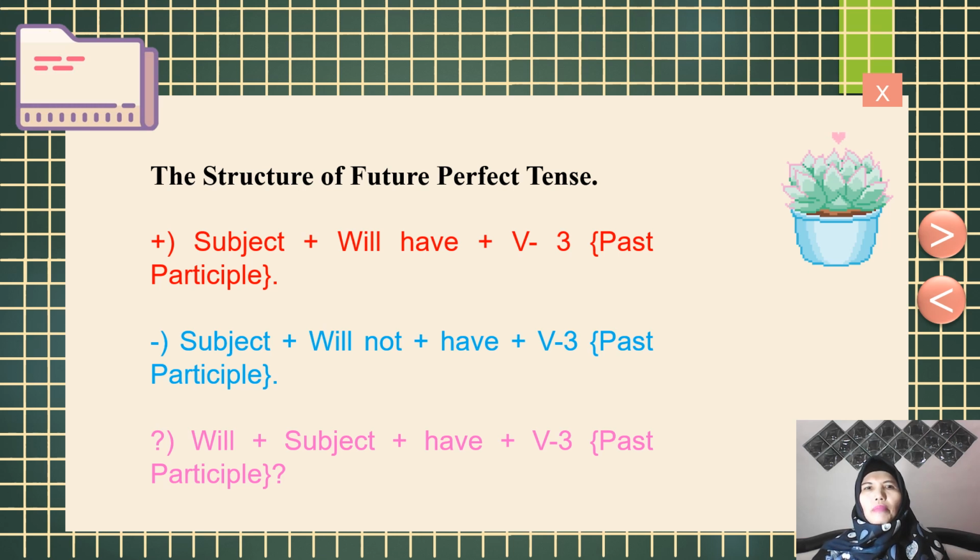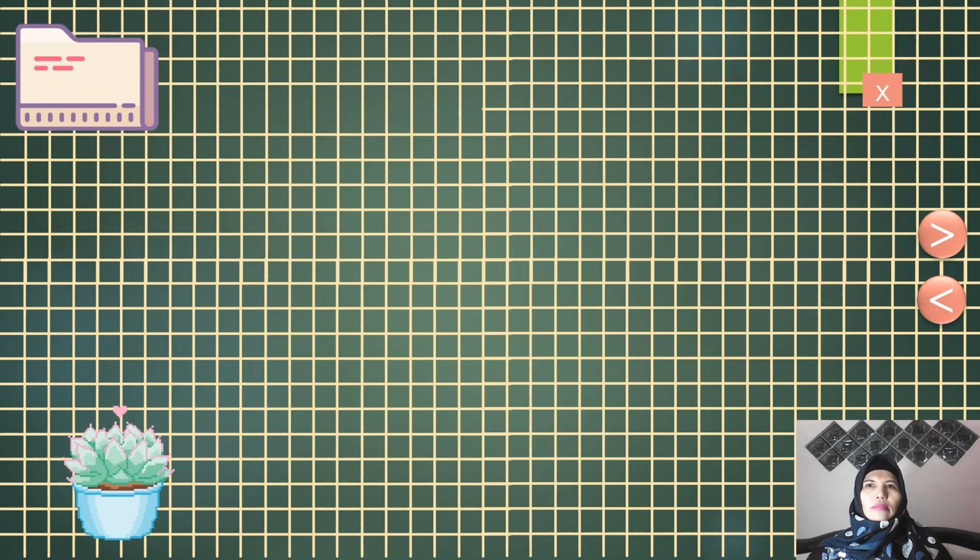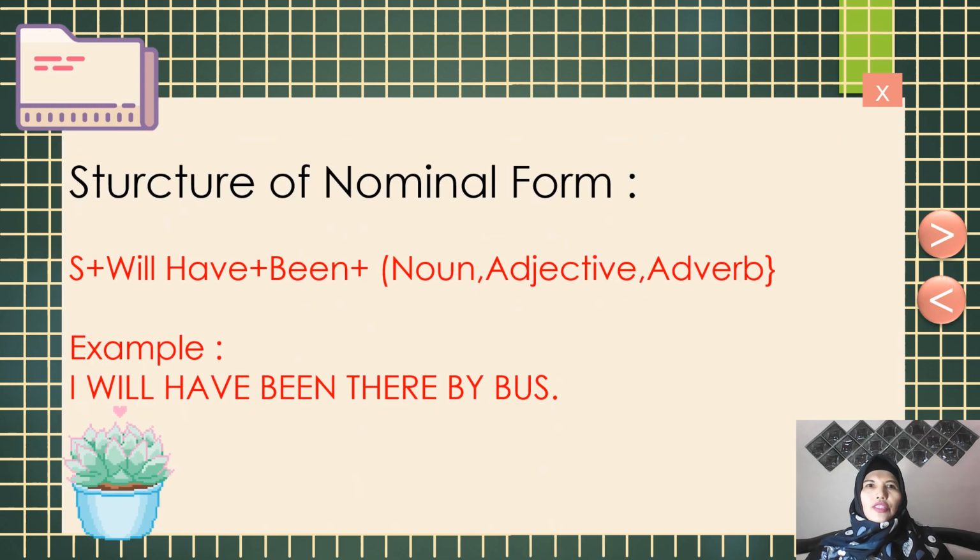Question, will plus subject plus have plus verb 3 or past participle. Structure of nominal form: subject plus will have plus been plus noun or adjective or adverb. Example, I will have been there by bus.